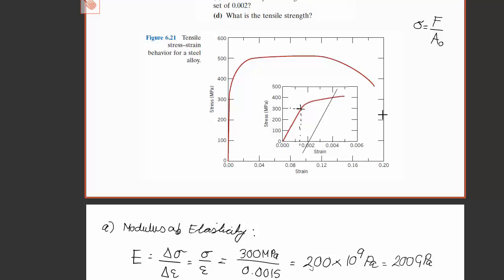So I've drawn that line right there. And now I see where that line intersects the stress strain graph, and it does it right here, and we can see that that occurs at 400 megapascals.